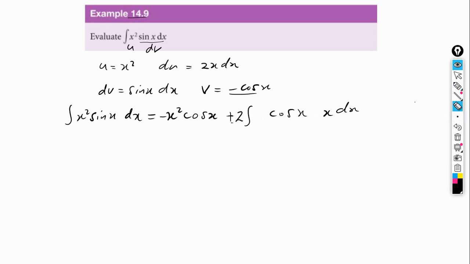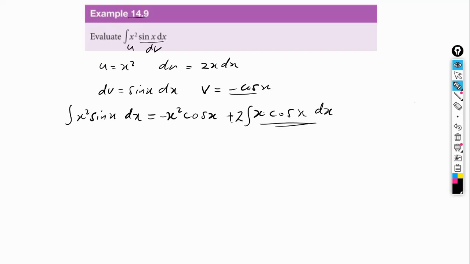And then this just simply becomes plus 2 integral of x cosine of x dx. Okay, but now we have another integral, so we have to apply the integration by parts to this.